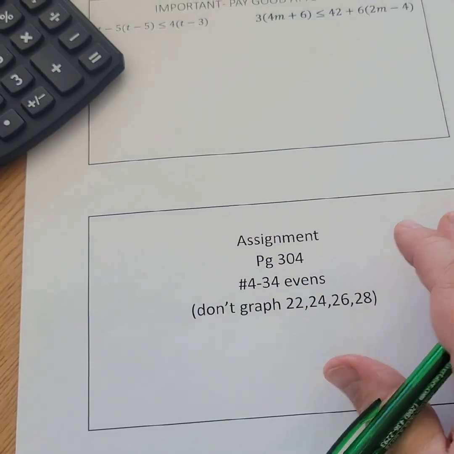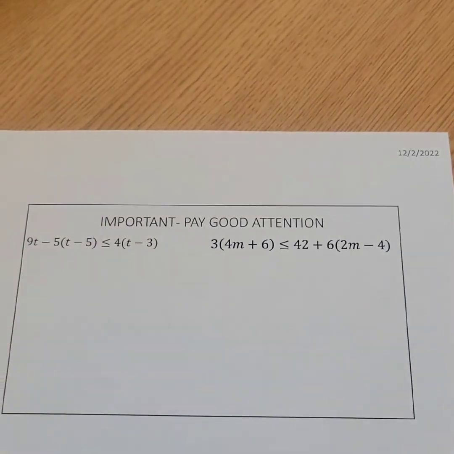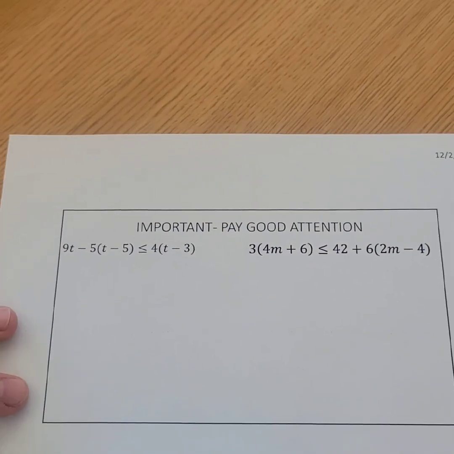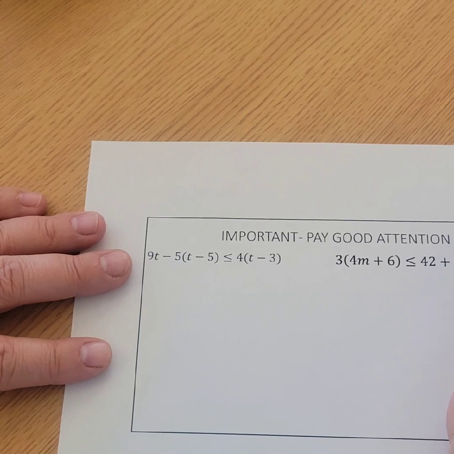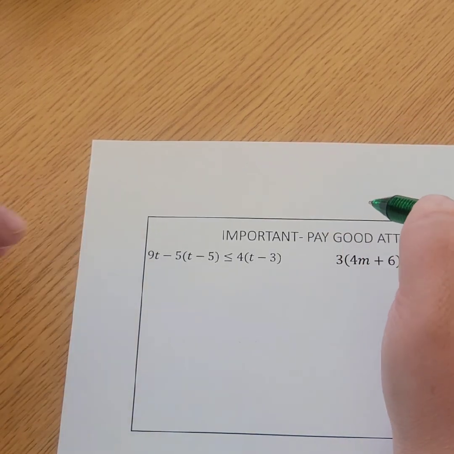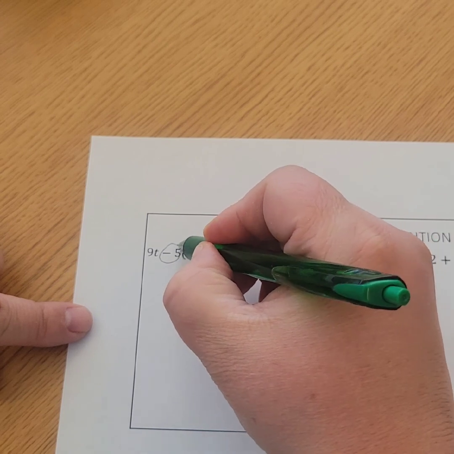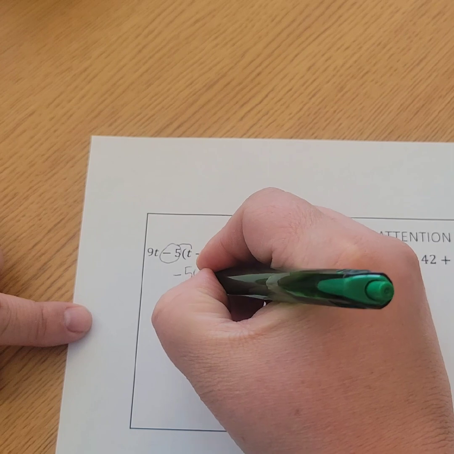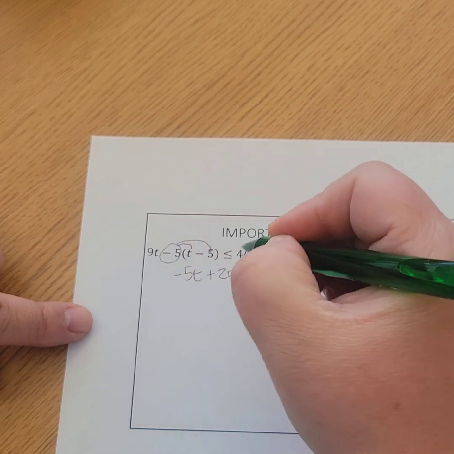Okay. All right, so let's look at this one, pay attention. So it looks like we're going to have to distribute. The big thing on this is you're actually distributing a negative 5. So it's going to be negative 5t plus 25 when you distribute it to both of them.